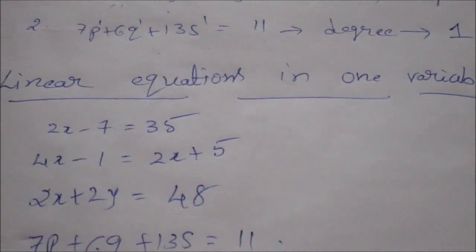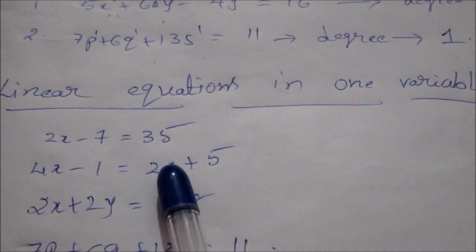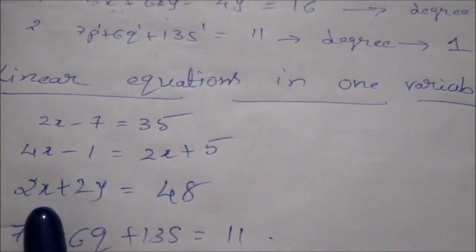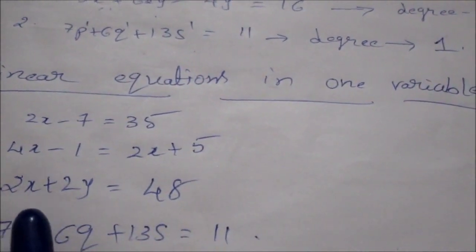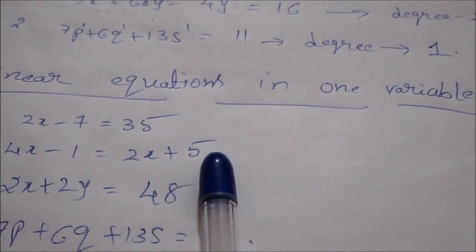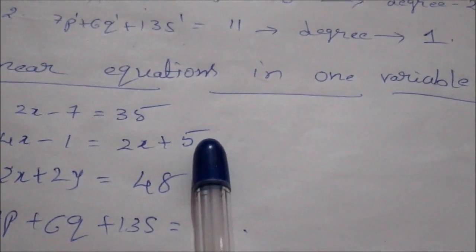4x minus 1 equal to 2x plus 5. In this also only x is the variable. Consider the third example. 2x plus 2y equal to 48. Here x is one variable and y is one variable. So the above two equations are linear equations in only one variable, that is x.